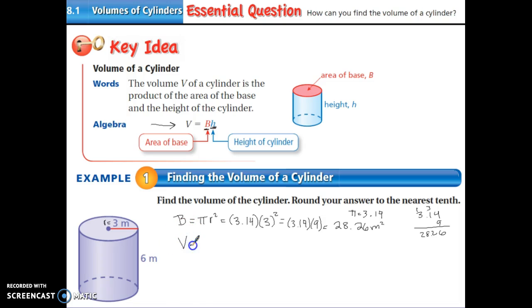So my volume is capital B, area of the base, times the height. So that's 28.26 times H, which is the distance between the bases, and according to our diagram, that's 6. So I'm going to go ahead and just multiply this result by 6.